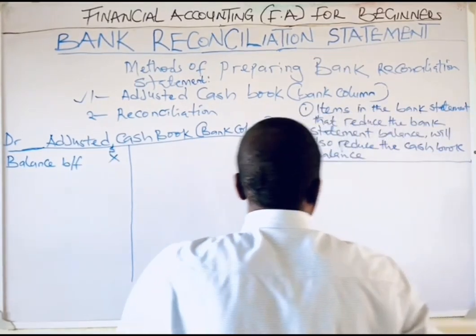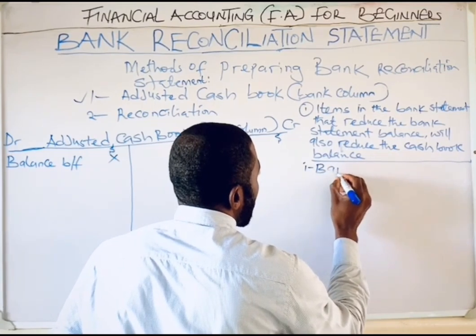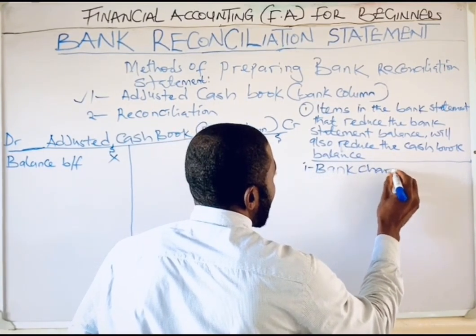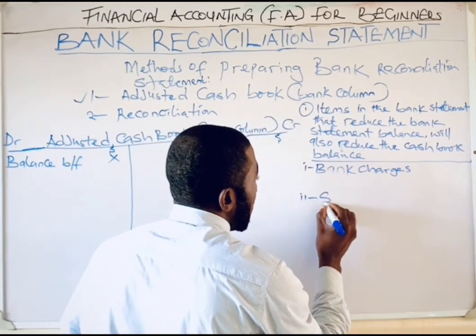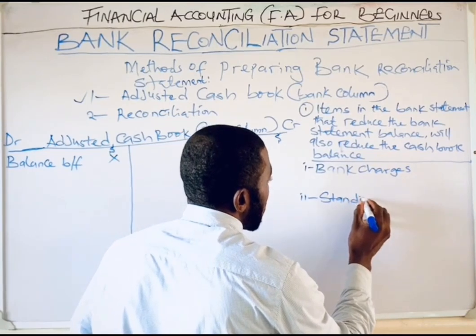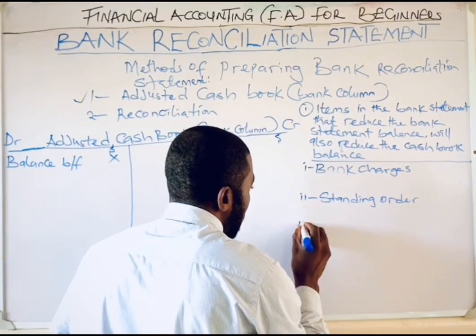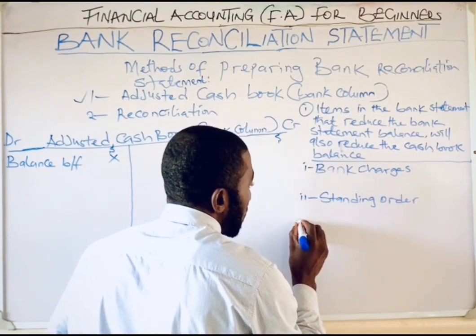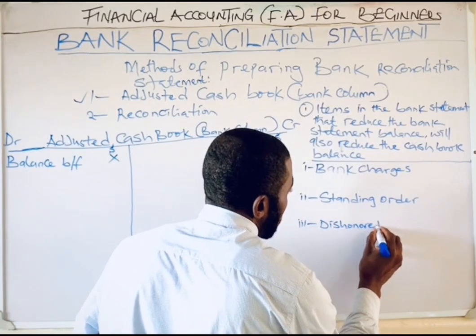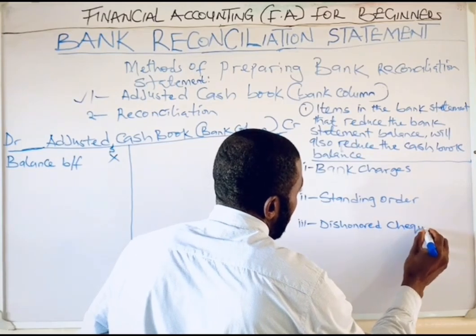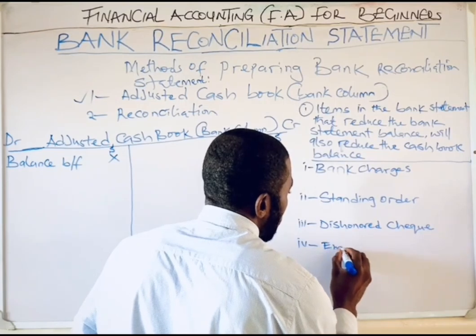These items are: 1, bank charges. 2, standing order. 3, dishonored check. 4, errors.